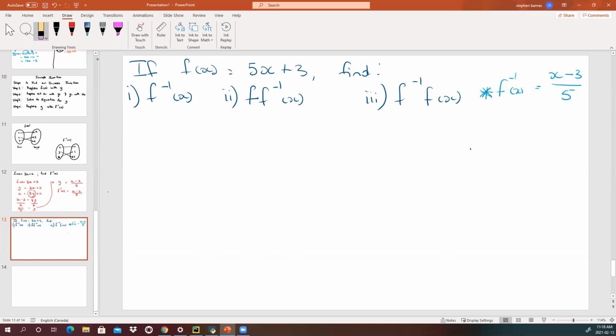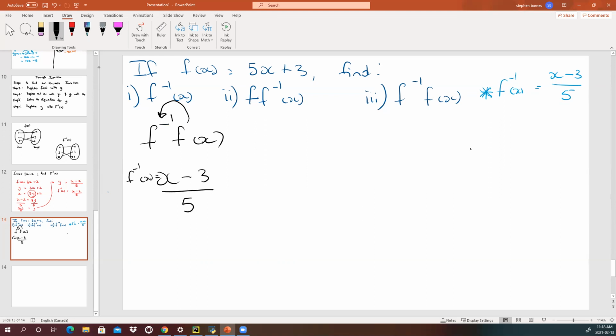All right, so we're going to do the third one, which is f inverse of f of x, right? So this time we're putting the f into the inverse. So we're going to put down the inverse function first, which we found to be x minus 3 all over 5.